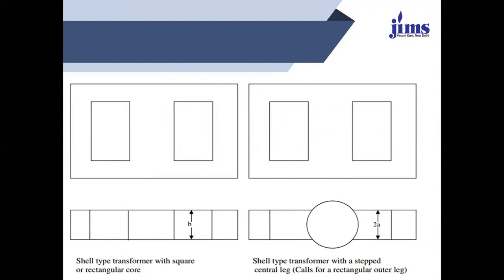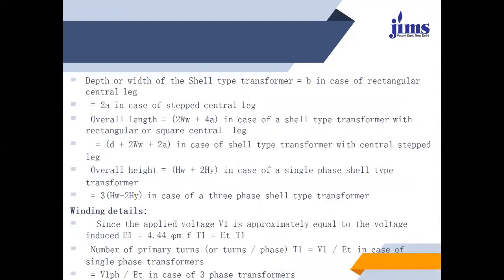Twice A will be the height of the transformer's core. Depth or width of the shell type transformer will be B in case of a rectangular leg, twice A.